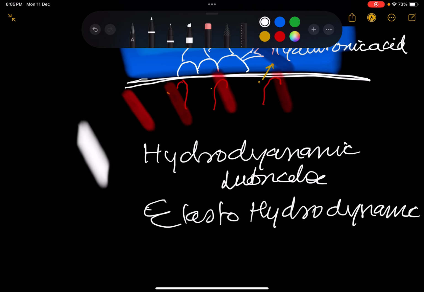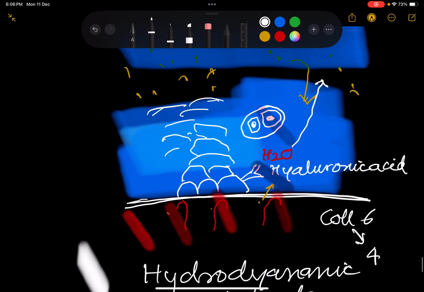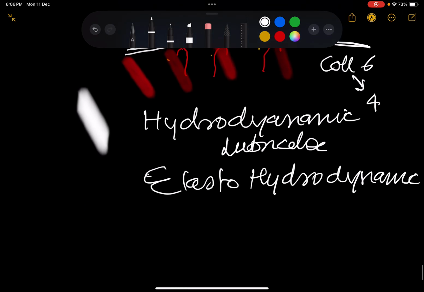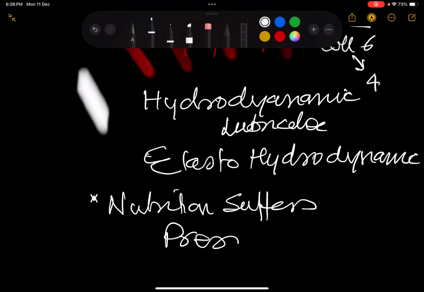So what happens with age is that this collagen, usually there's collagen type 6, is gradually replaced by collagen type 4. And because of that, these chondroblasts are not able to synthesize sufficient hyaluronic acid. So the water goes. Nutrition suffers, especially in pressure bearing areas.